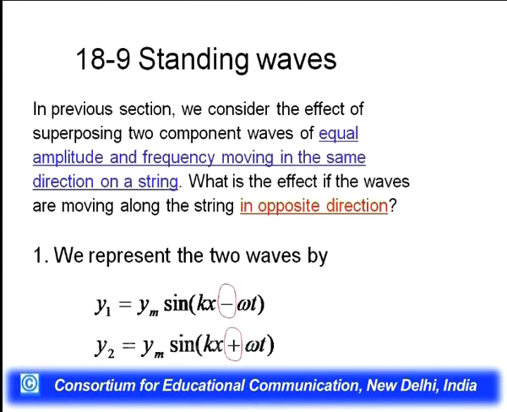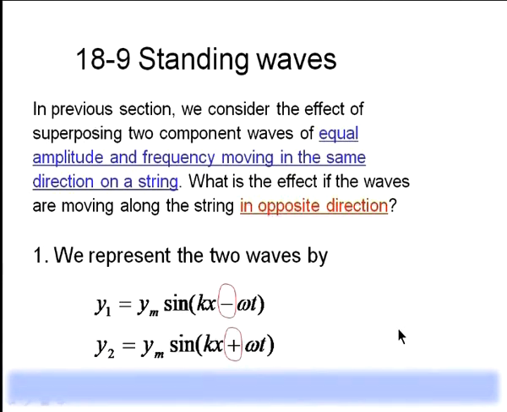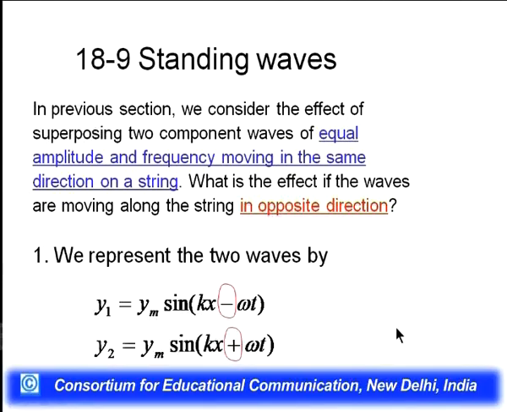Now next is the standing waves. What are standing waves? We consider the effect of superposing two component waves of equal amplitude and frequency, moving in the same direction in the string. Then what is the effect of a wave moving along the string in the opposite direction?